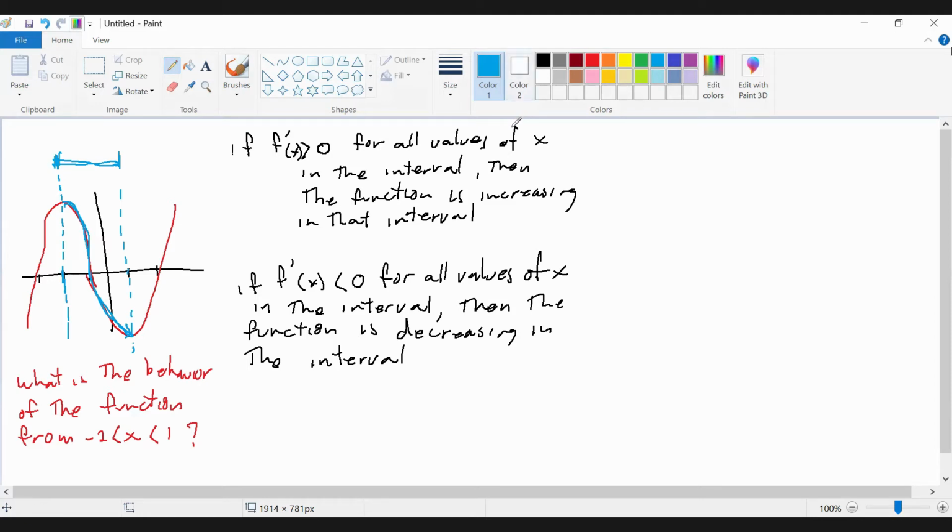By visual confirmation on the graph itself, it's very easy. You can say now that it is decreasing.